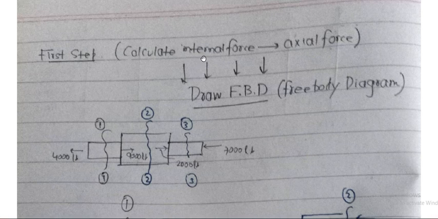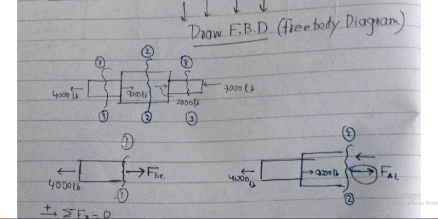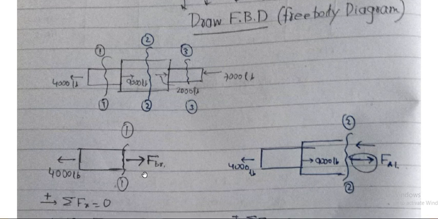In order to find internal force, we need to draw the free body diagram. In this case, I will have to cut 3 sections because there are 3 different materials. Remember, to calculate internal force, we have to cut a section. So first of all, I've cut a section. We will consider section 1, and we need to find this force over here, FBR, right? We can calculate this force by applying conditions of equilibrium.